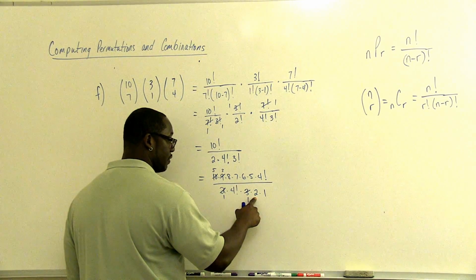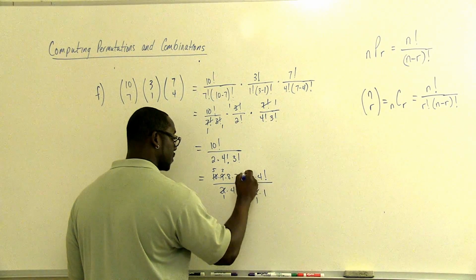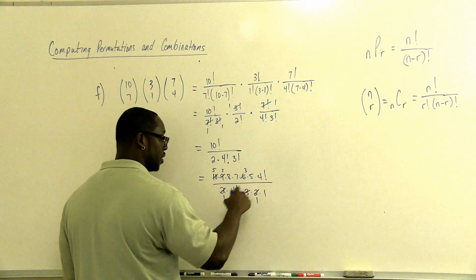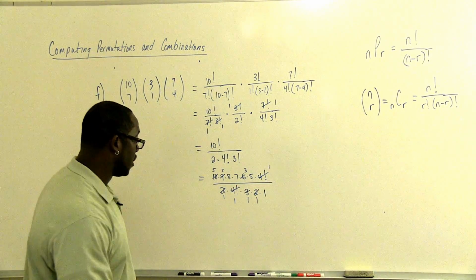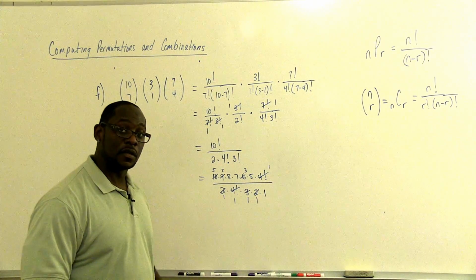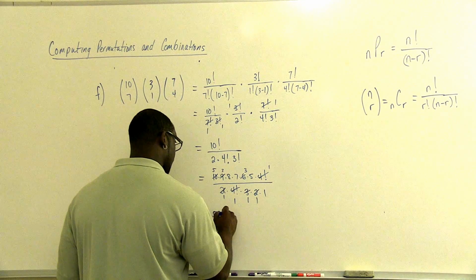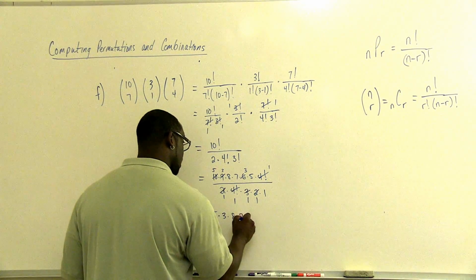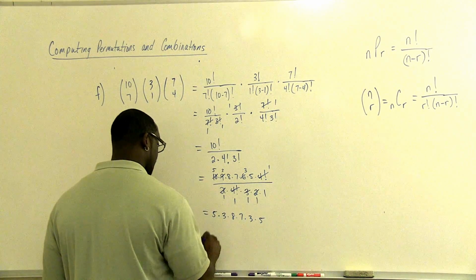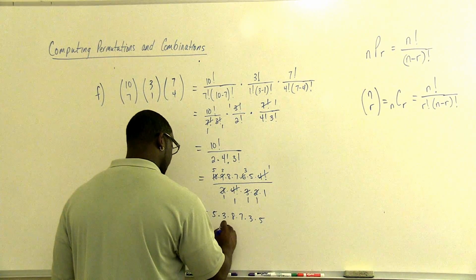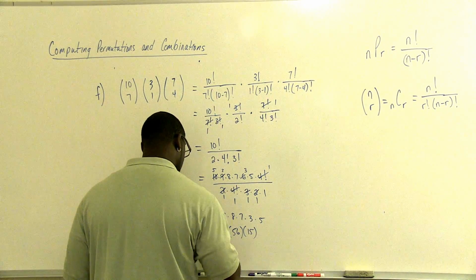Of course, we have 2 that would go into 6 3 times. And of course, we have our 4 factorial there. That reduces to 1. So we have nothing but 1s in the denominator now. So we just write what we have here. 5 times 3 times 8 times 7 times 3 times 5. Okay? And so of course this is 15 times 56 times 15.